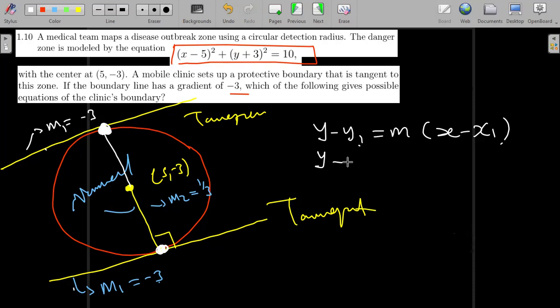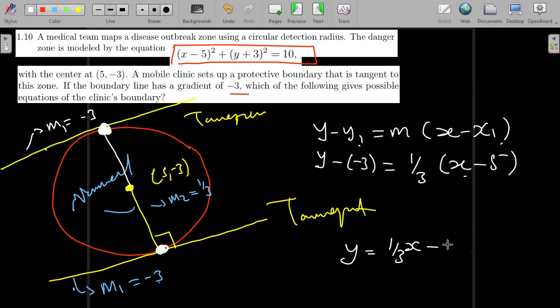So it will be y minus 3 is equals to the gradient of this, we found it was 1 over 3, and then x minus 5. Okay, so it means our equation will just be y is equals to this. I multiply with this, minus 5 over 3. Then this here will be plus 3. It goes to the other side to be minus 3.